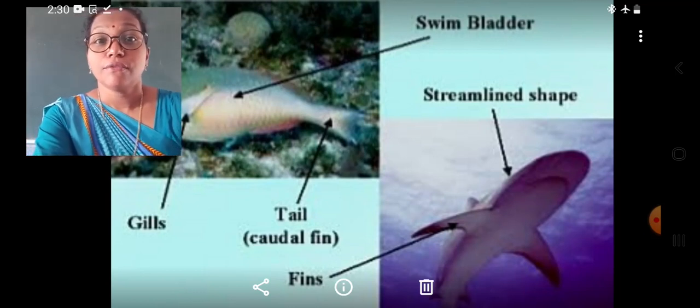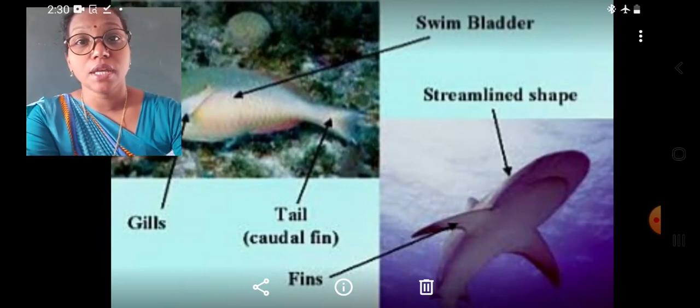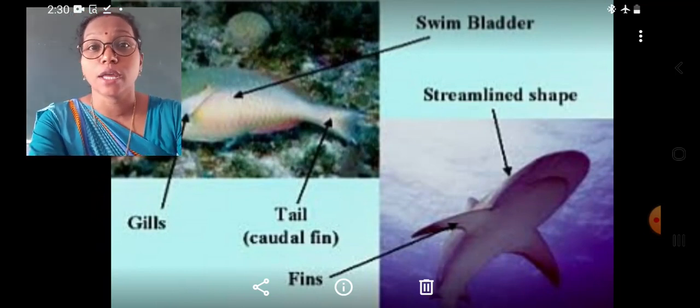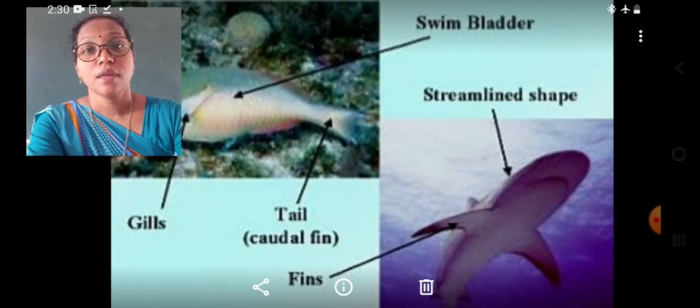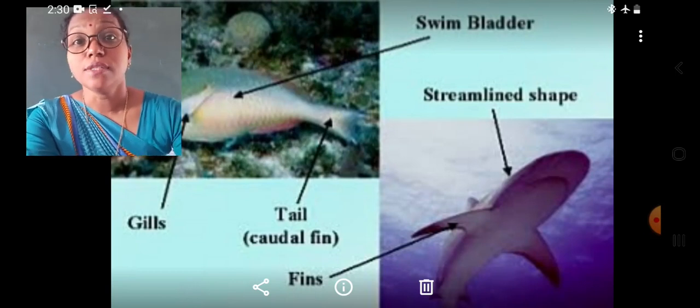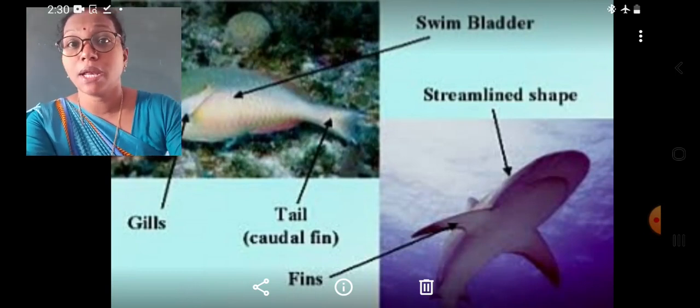The first adaptation present in a fish are the gills. Gills are the breathing organs of a fish. The gills receive the dissolved oxygen present in the water. The gills give this oxygen to the blood.